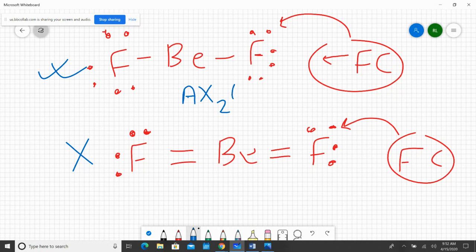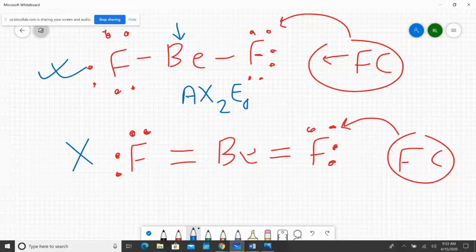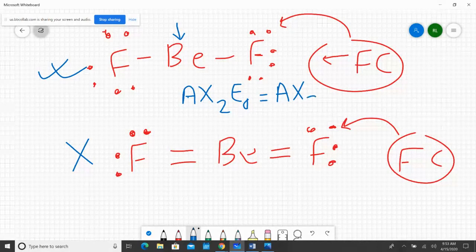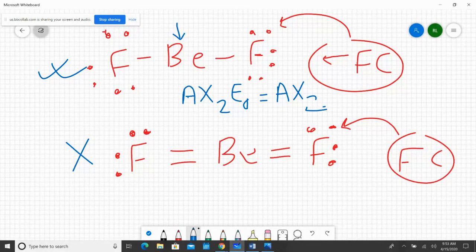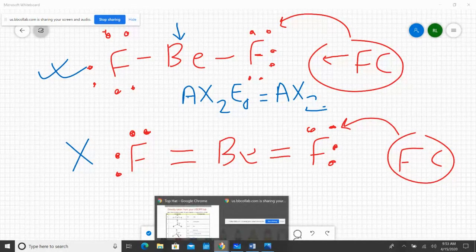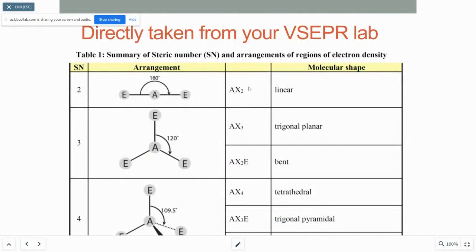Do I have any lone pair of electrons on beryllium? No. That means I can write this as E0 because it doesn't have any lone pairs. That means AX2E0 is the same as AX2. Now I go back to my table, and I find my AX2, and it tells me that AX2 is going to have a linear molecular shape. That tells me that BeF2 has a linear shape.